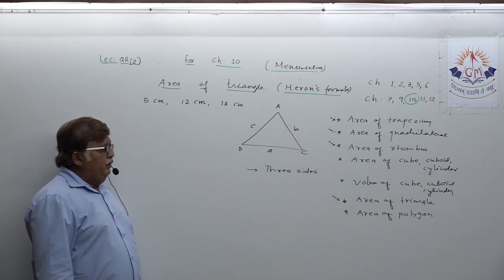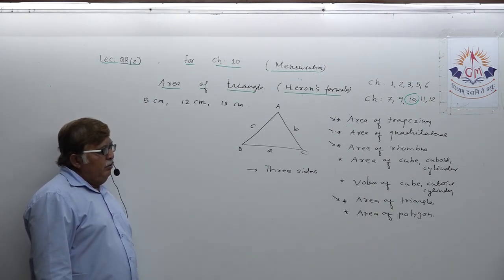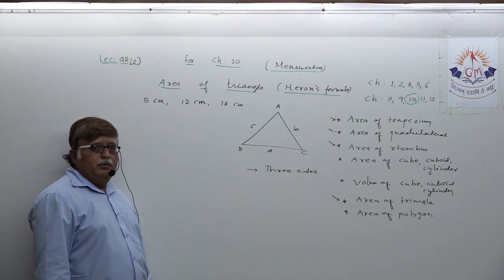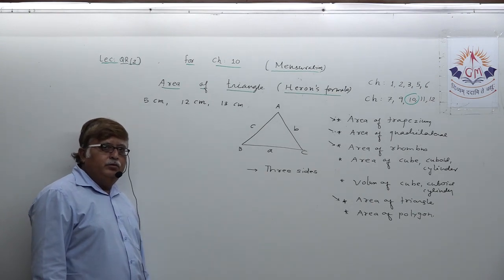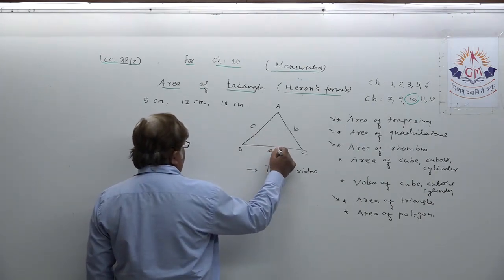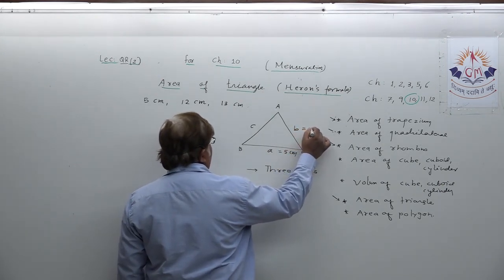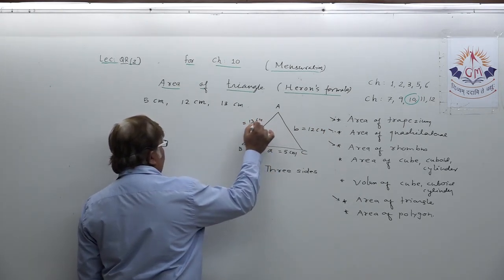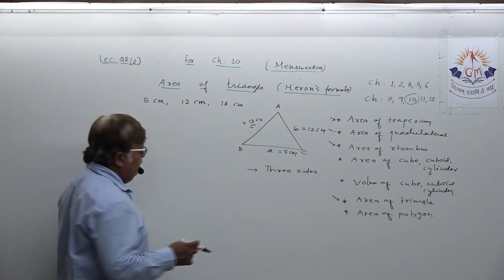Suppose you are asked in exam to find area of triangle having measures of all three sides 5 centimeter, 12 centimeter and 13 centimeter. Then what you should do first? I want to find area of this triangle and I have the knowledge of three sides: a as 5 centimeter, b as 12 centimeter and c as 13 centimeter. How can I find area of this particular triangle where I know measures of three sides?